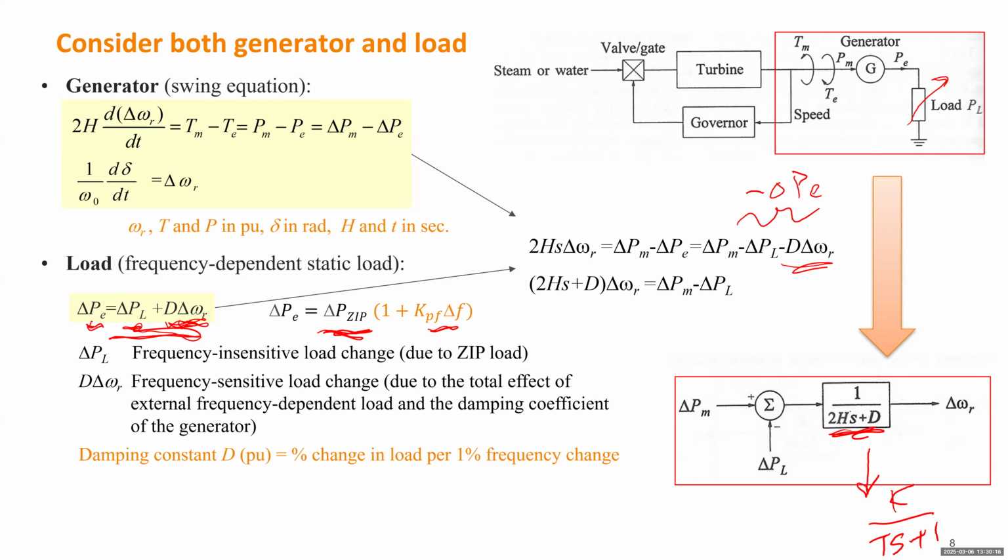You have to know what load or what system is connected to it. D will depend on the system, not exactly only on the generator. Although D can include some damping effect from the generator, the majority part will be from a frequency sensitive load. Any questions?